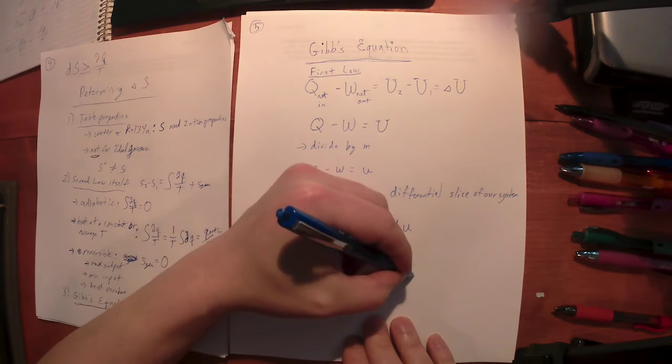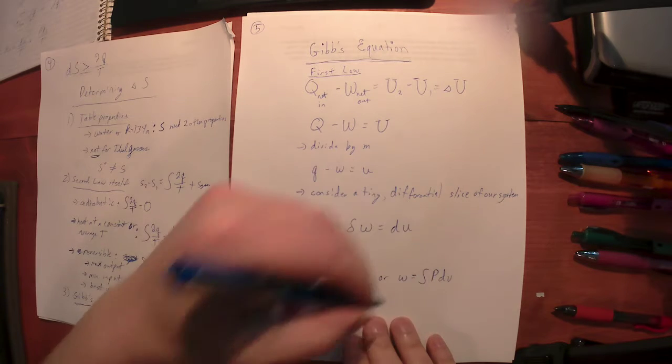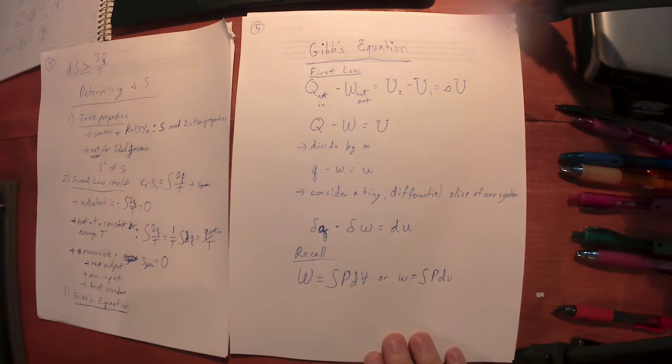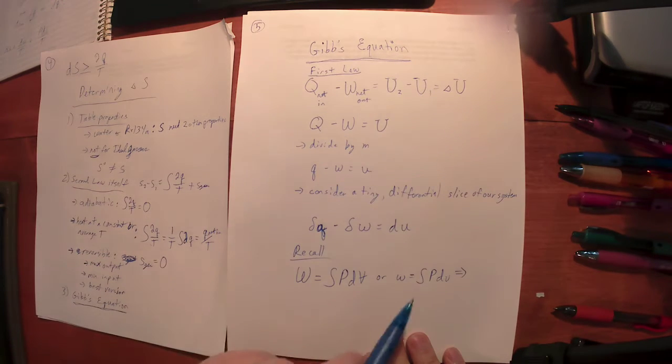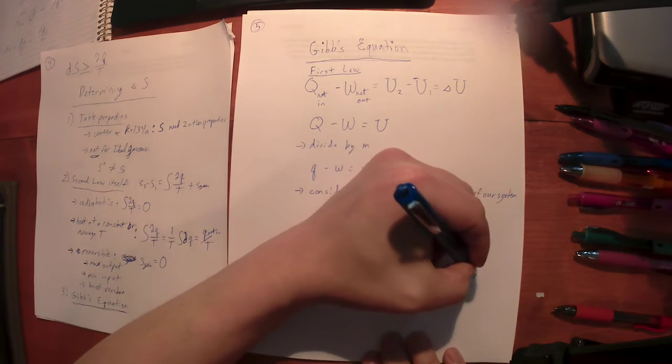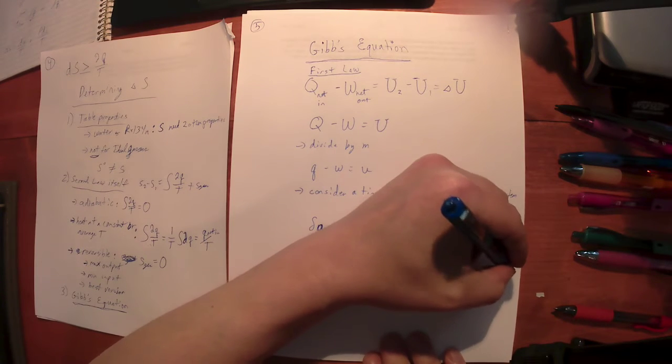Or little w then would be equal to the integral of pressure with respect to specific volume, right? Well, if that's the case, then if we just look at a differential amount of work, a tiny little amount of work, that's equal to pressure times a tiny change in specific volume.